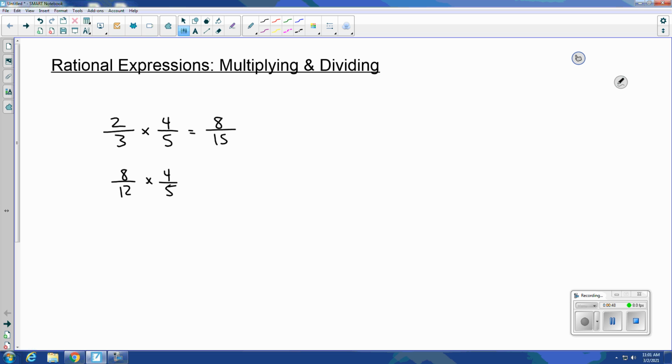What we could do is reduce this first to the 2/3 that we originally had, or you can perform the multiplication and get 32 over 60 and simplify at the end, dividing both by 4, we still get 8/15. So multiplication with rational expressions, because they're formatted as a ratio between two functions, will be performed the same way that we do multiplication with just normal fractions with numeric numerators and denominators.